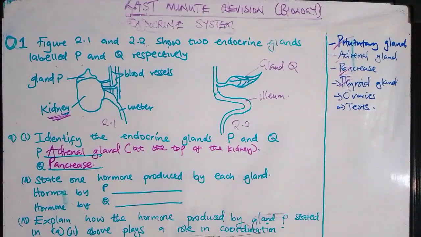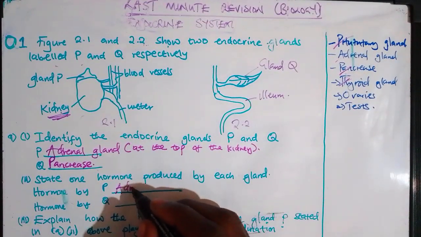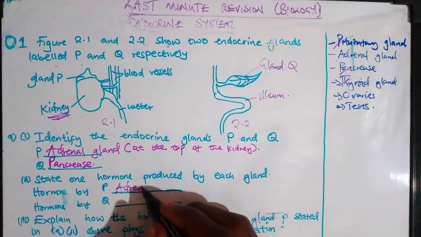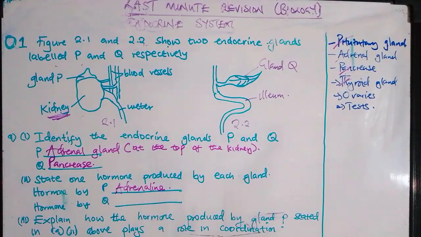Moving on to our question 2. State one hormone produced by each gland. Remember, we said that the adrenal gland basically produces a hormone which is known as adrenaline. How can you remember?